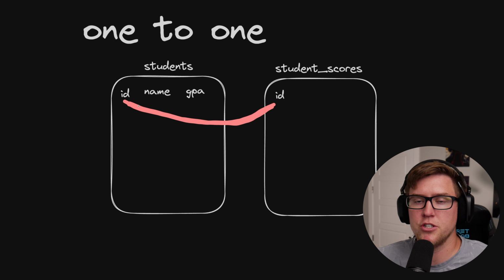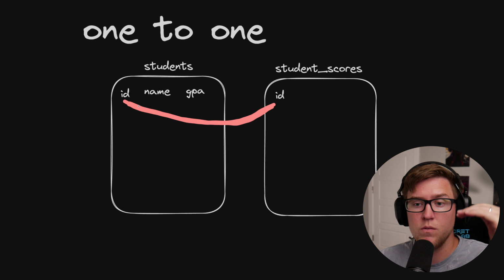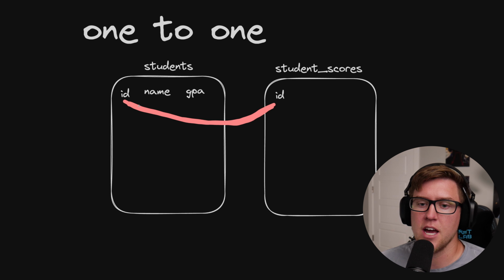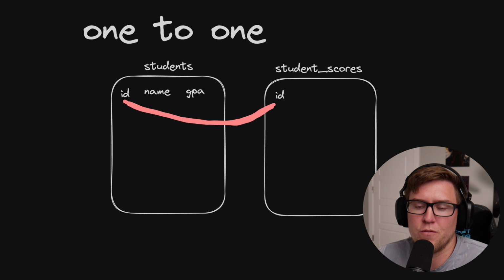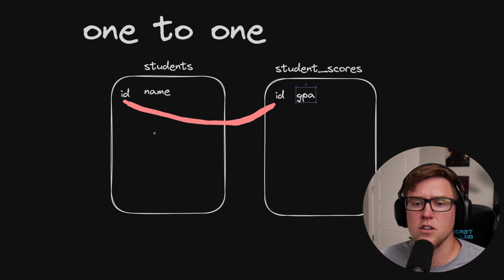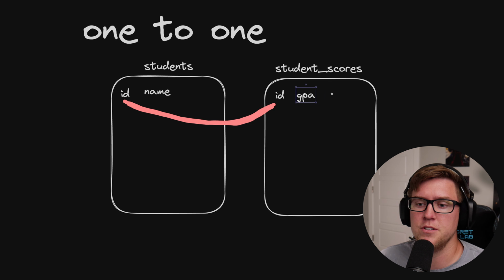At the end of the day, we want to make sure that both of these tables have the exact same number of records so that one record in one table will relate to exactly one record in the other table. We would typically do this for organizational or performance reasons. We want to take the GPA field and move it into a new table and keep it separated physically and logically from the students table.